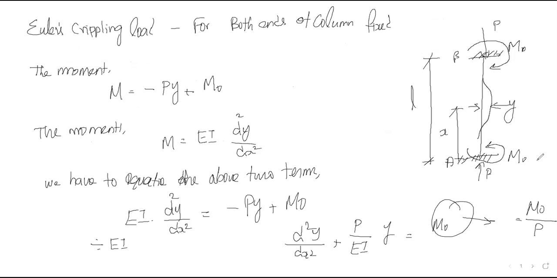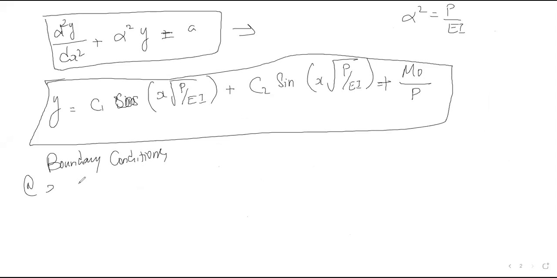If x equal to 0, then y is equal to 0, and similarly dy by dx is also 0. Similarly, if x equal to L, y is equal to 0 and dy by dx is also equal to 0. So this is the boundary condition. We are going to use it now. So let us write the boundary condition: at x is equal to 0, y is equal to 0, and dy by dx is equal to 0.